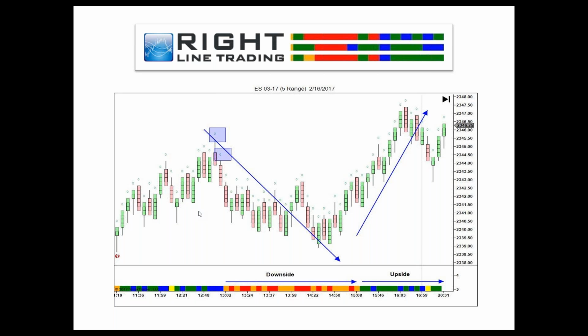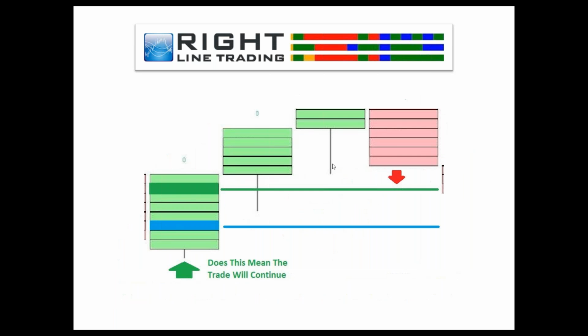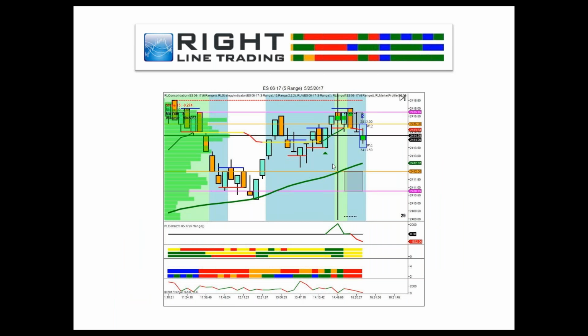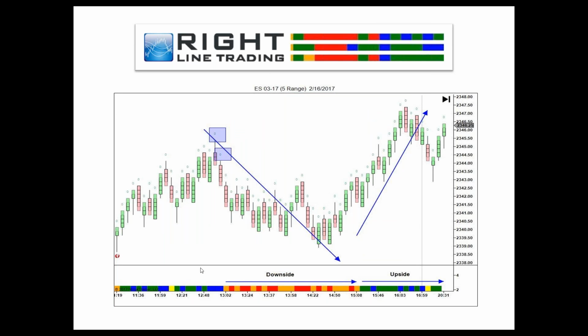So what we did was, and I'm going to go back, we took the market delta on the two higher time frames and we created a moving average. It's a 15-period moving average of the delta. And what it tells you is when there's an overabundance of sellers on your two higher time frames. This is called our order flow indicator.